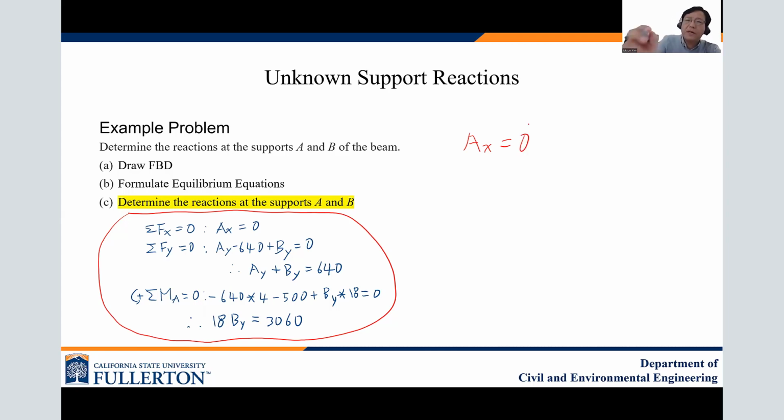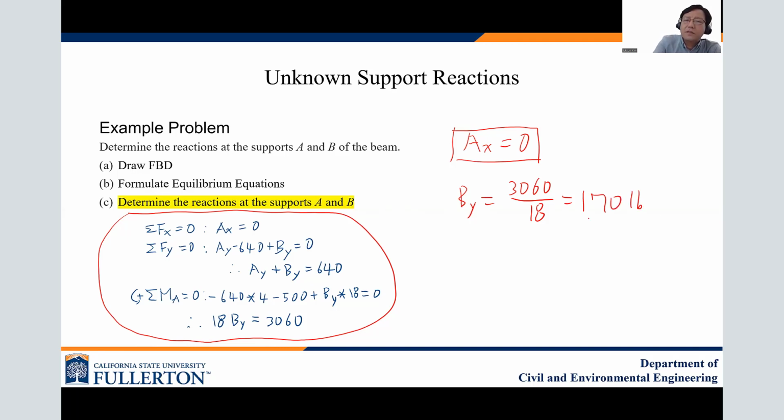So there's 0 pounds, so that is the answer for this one. And then sigma F_y has 2 unknowns, but from sigma M_A, you can get B_y directly because the B_y value is 3060 divided by 18. You can get the B_y value is 170 pounds.